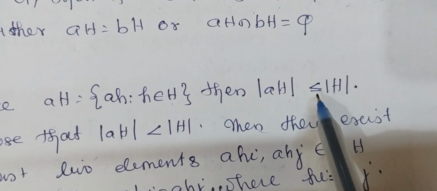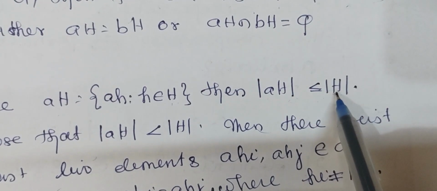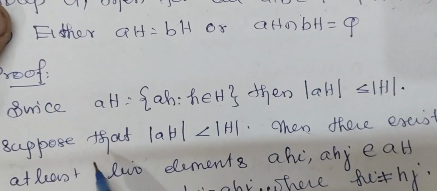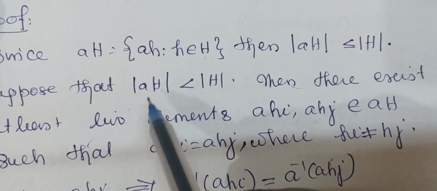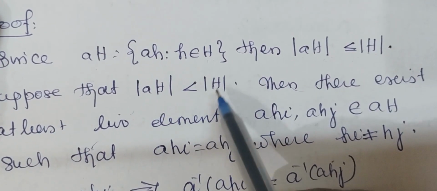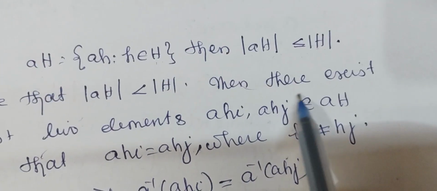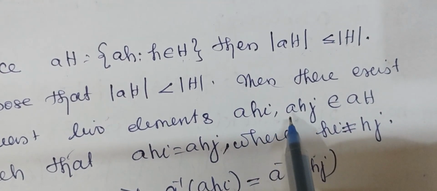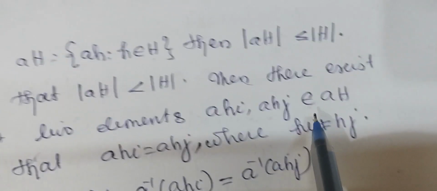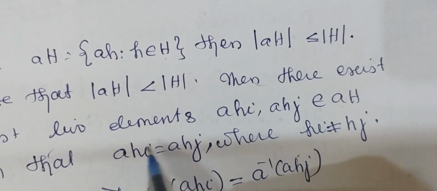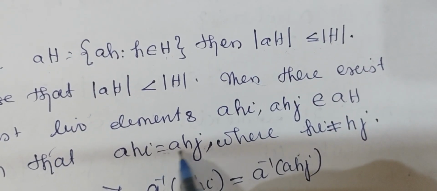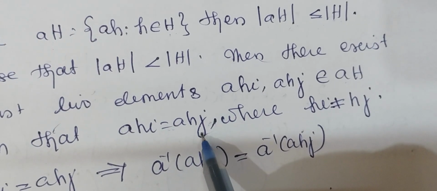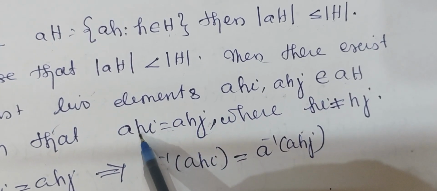So suppose it is less than, what will be the result? Suppose the order of aH is strictly less than the order of H, then there exist at least two elements ah_i and ah_j belonging to aH such that ah_i is equal to ah_j.